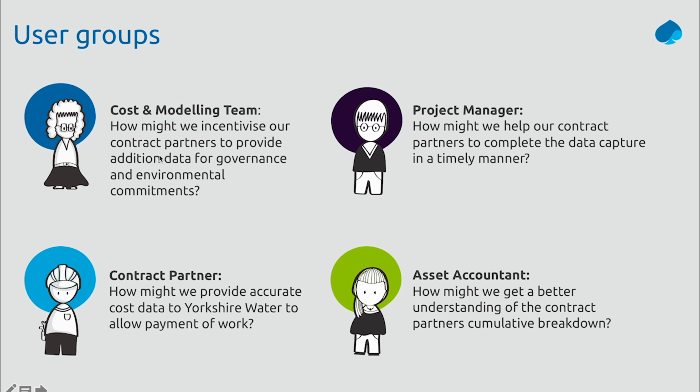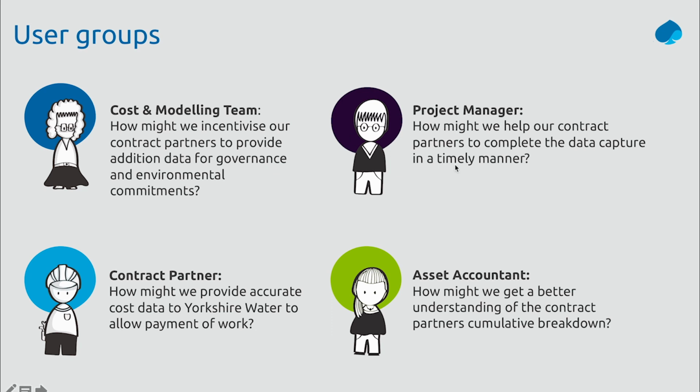The costing and modelling team wanted to incentivize the contract partner to provide them with information. They're really lacking on that. And the contract partner's how might we is basically, I just want to get paid. I've done the work and I just want to get paid, so they don't really want to worry about adding extra information in.